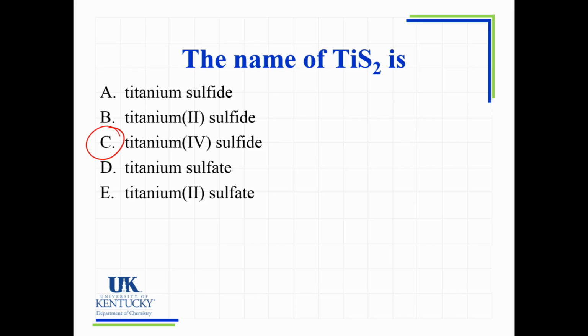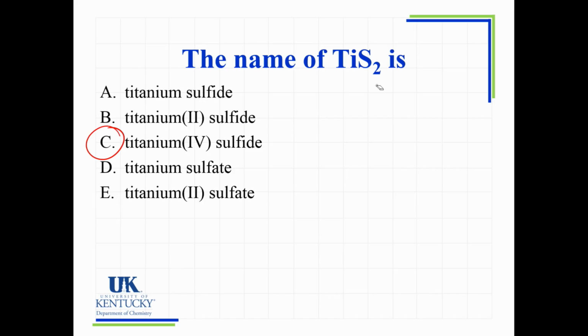Now, what would be the common mistake? Common mistake using a Roman numeral 2, because you think, oh, well, there's a 2 here, I'll crisscross them back up, and therefore those are the charges. You cannot go back up with those, because once you have the subscript that's the lowest possible whole numbers, we don't know that those are the charges. You can't take them back up. Do not do that. Common mistake.